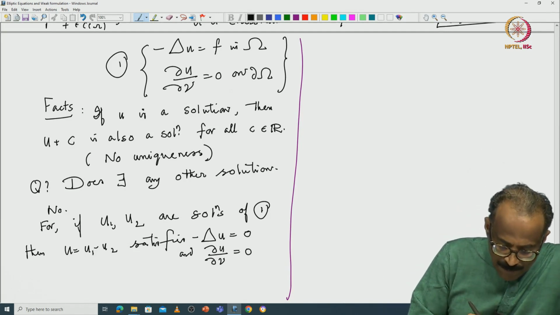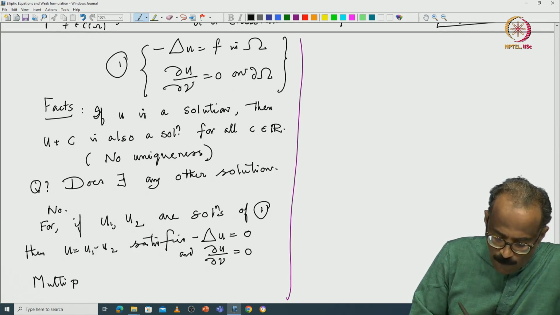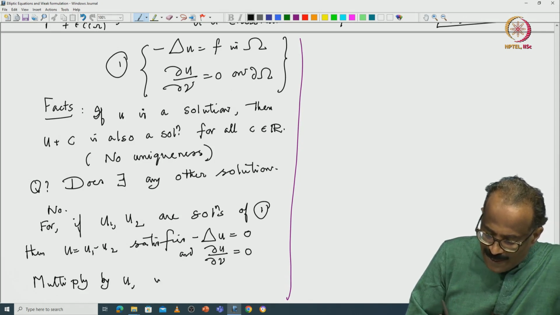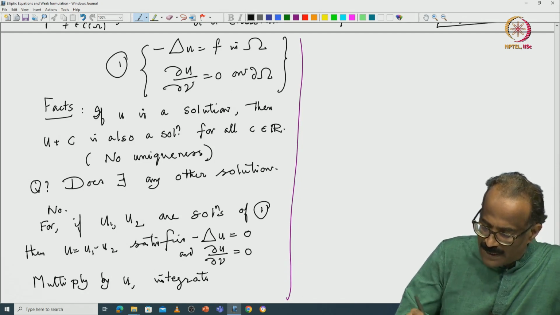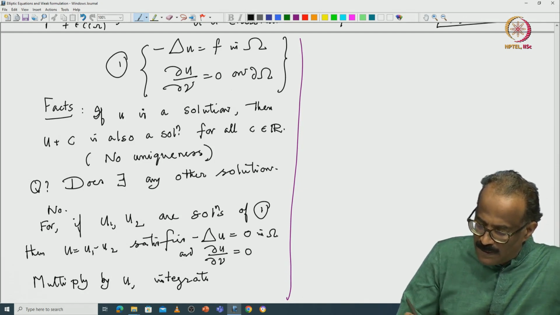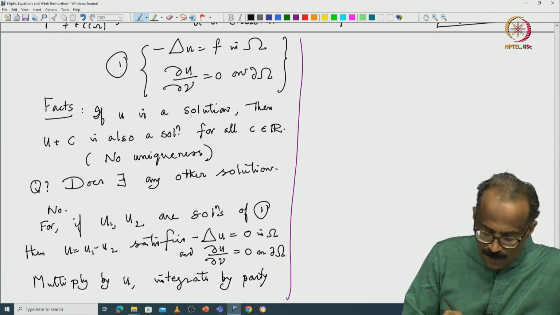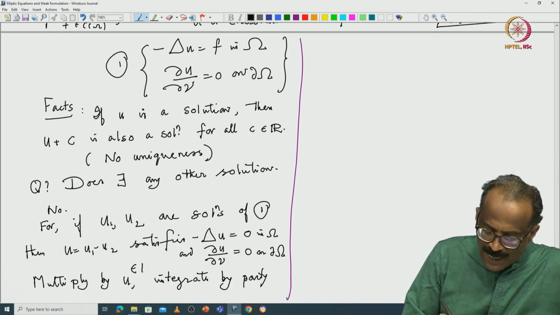Now, multiply by u, integrate by parts, use the boundary condition. This is in omega, this is on d omega. Okay. Integrate by parts, multiply by u, probably you can take u from H1 of omega.